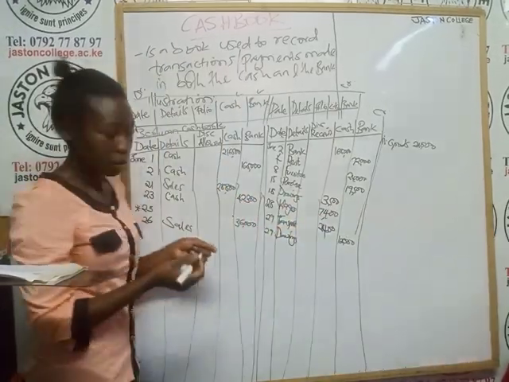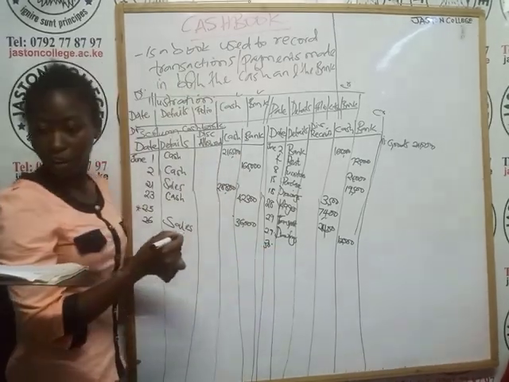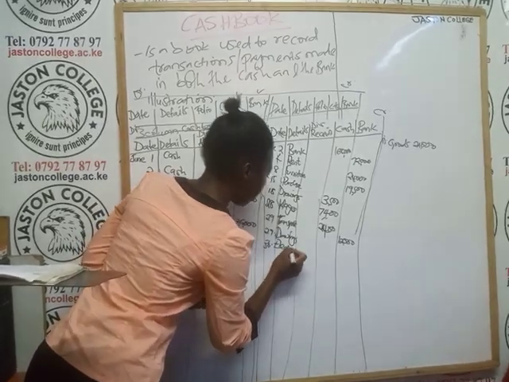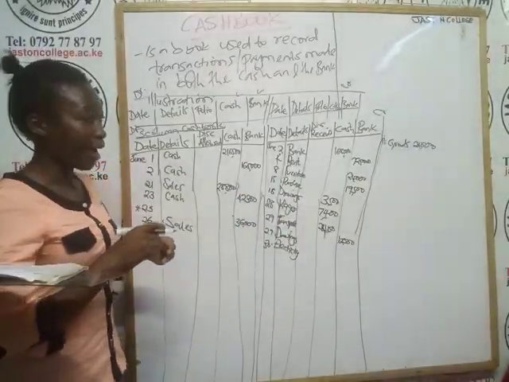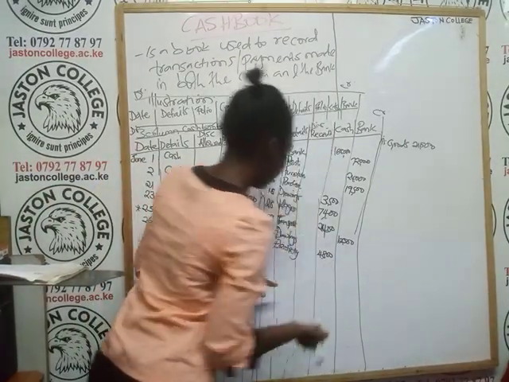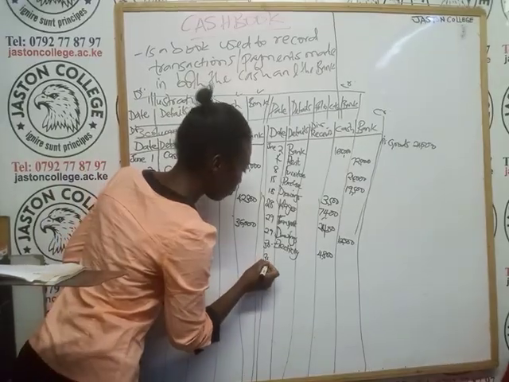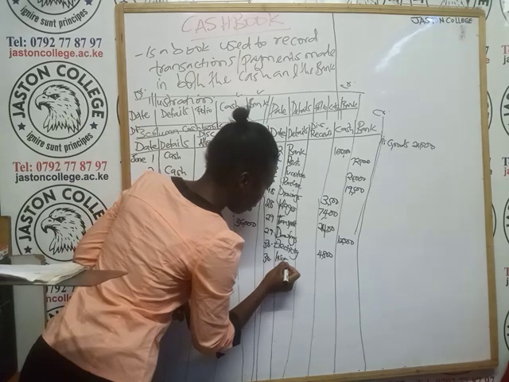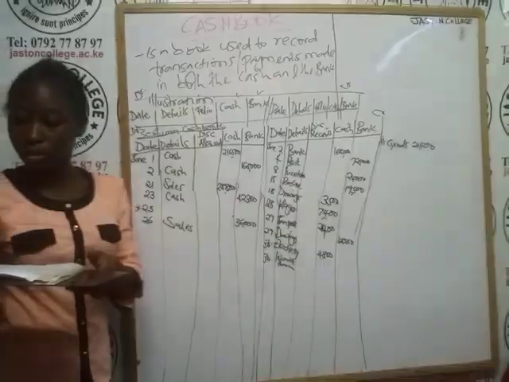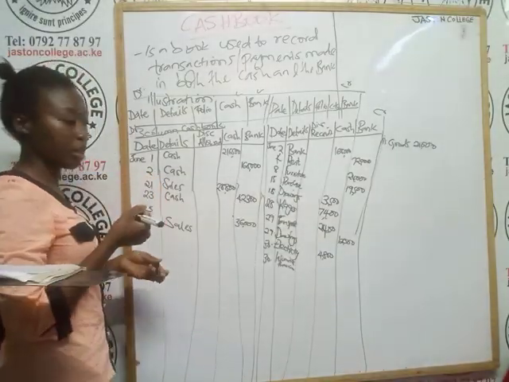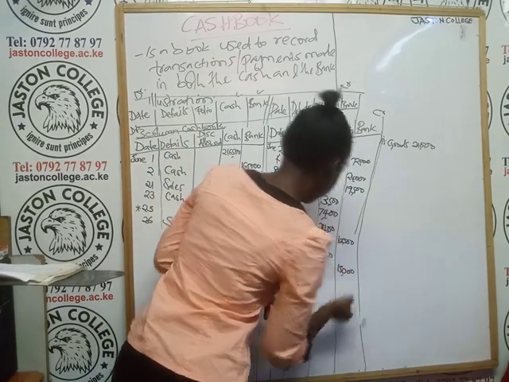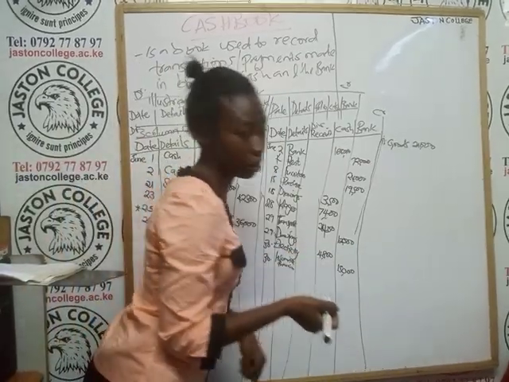He paid for the electricity, 4,800 in cash, so our cash reduced by 4,800. Then the same date, he paid the insurance premium, 15,000 by check, so it reduced our bank by 15,000.